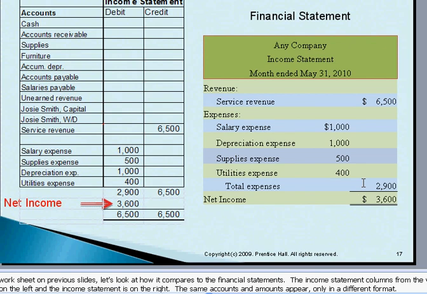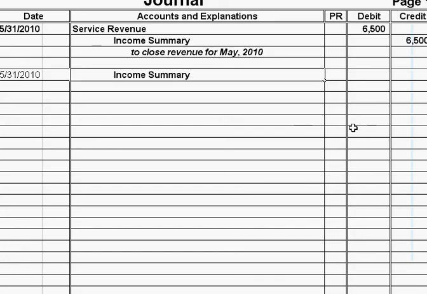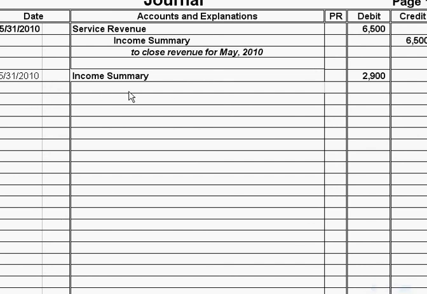Our total expenses equal $2,900, so that will be our debit to income summary. Let's just fix this up here. It's bothering me. I want this to be to the left. So we have our debit to income summary of $2,900.